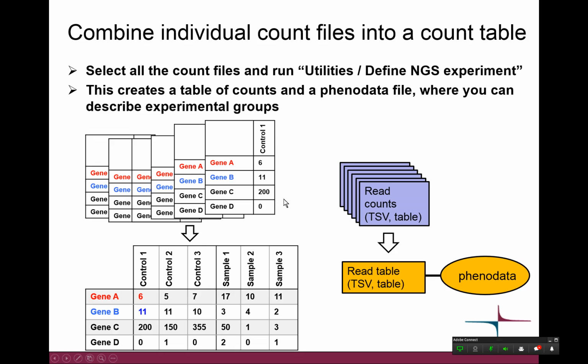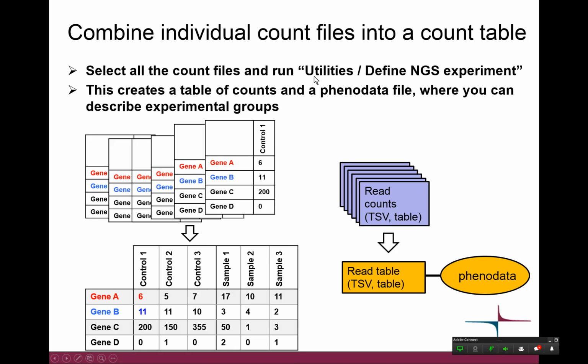Okay, so when the HTSeq tool has been run, as an end result, you have a pile of these files. For each sample, you will have one file that lists the number of reads matching to each of the genes. The next step is to combine all these individual files into one table like this.